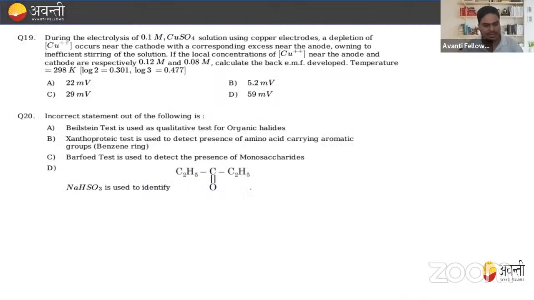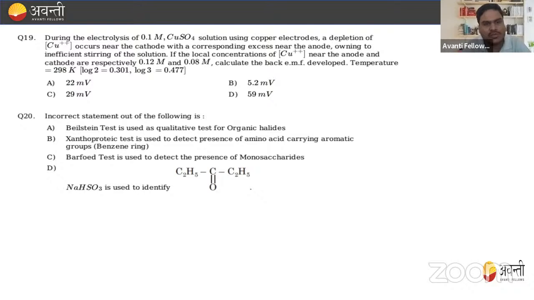I'll correct this, okay? So the first question is from electrochemistry, that is the Nernst equation, right? What is the question all about?